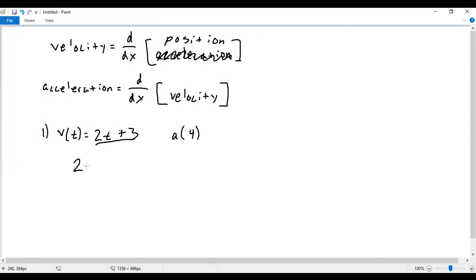The derivative of any constant is 0, so the derivative of 3 is just 0. One way to think about that is if we graphed just 3, it has a 0 slope. Since the derivative is just slope and it has a 0 slope, the derivative is 0. Thus, our acceleration is just going to be 2. Make sense?